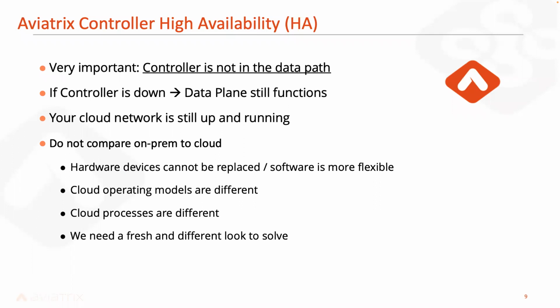The only thing that gets affected, just to be 100% accurate, is user VPN, only for users that want to authenticate. Because if you remember, no matter how you're doing authentication, your IDP, for example Okta, needs to return back to the controller and say, this user authenticated and belongs to such and such profile. If the controller is down, that new user will not be able to authenticate and be on the network.